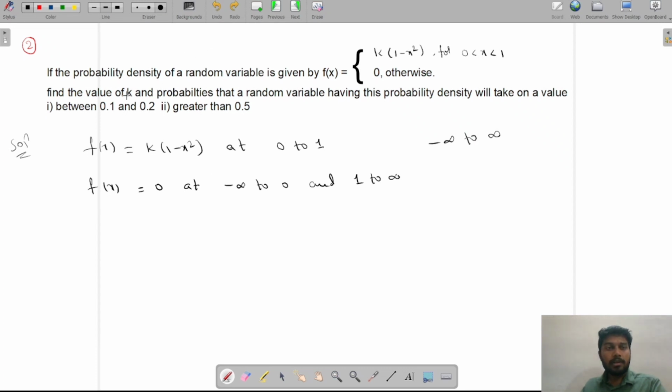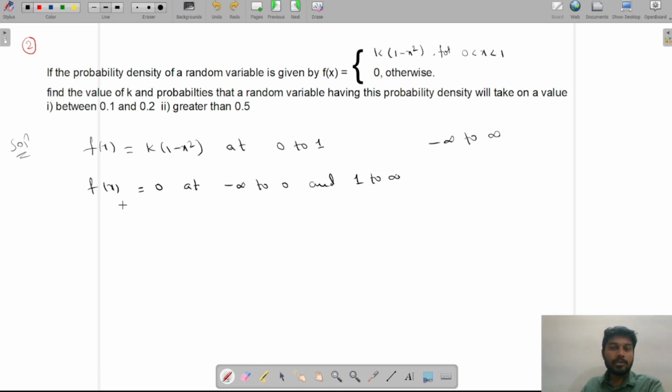So now we'll find the value of k first of all, then we'll go to the rest of the two questions. Okay, right? See, he wanted to find the value of k. So whenever we want to find a value of k in a continuous random variable, we have to take the help of the second property of a continuous random variable.